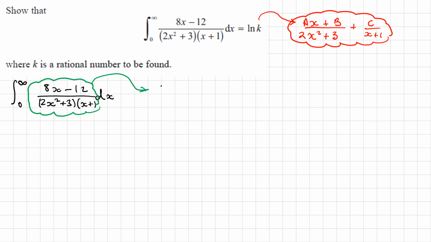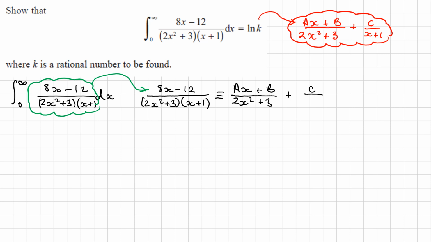So we'll say that (8x minus 12) over (2x squared plus 3) times (x plus 1) is equivalent to (ax plus b) over 2x squared plus 3, plus c over x plus 1.